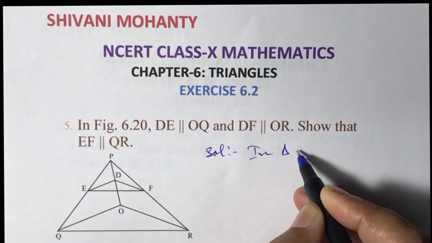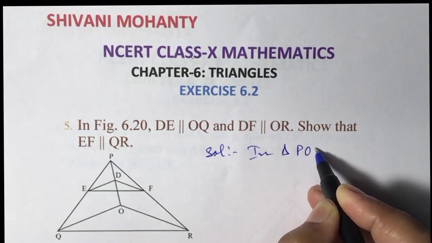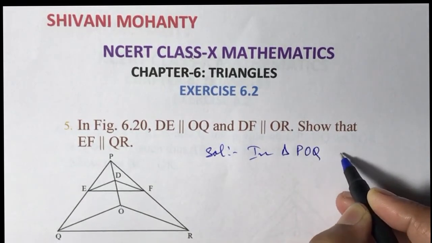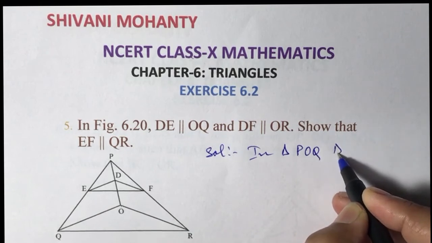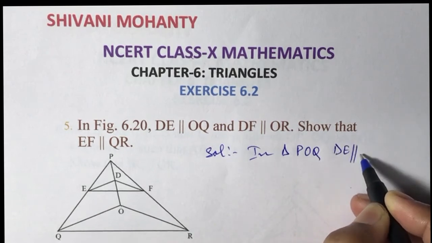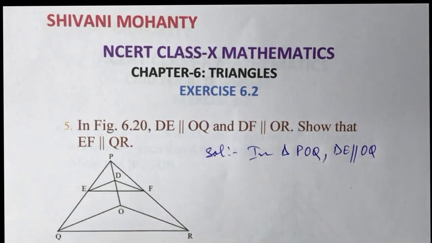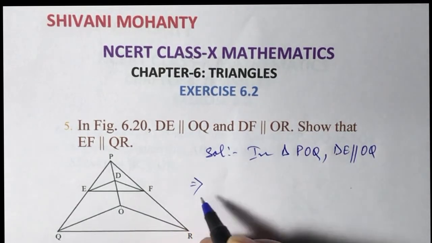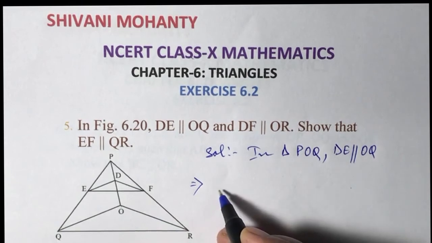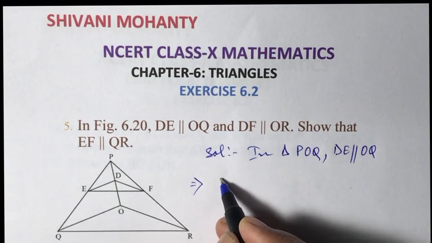In triangle POQ, it is given that DE is parallel to OQ. Fine. So if this is the case, then what does that imply from the basic proportionality theorem or the Thales theorem?